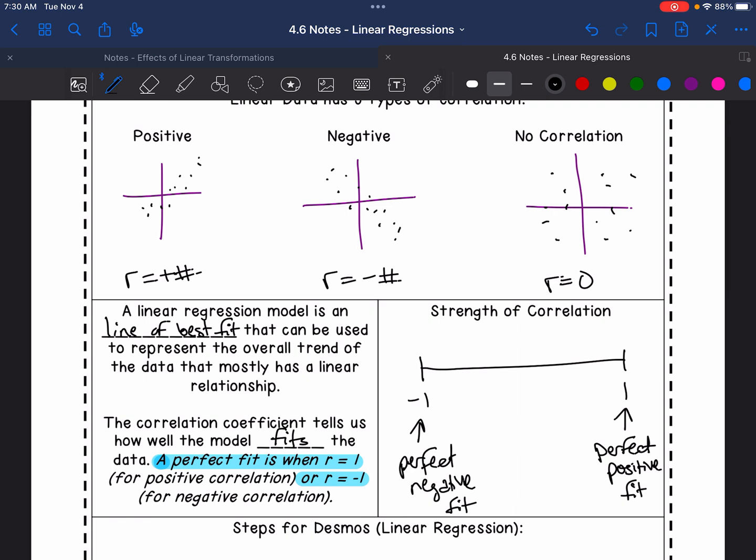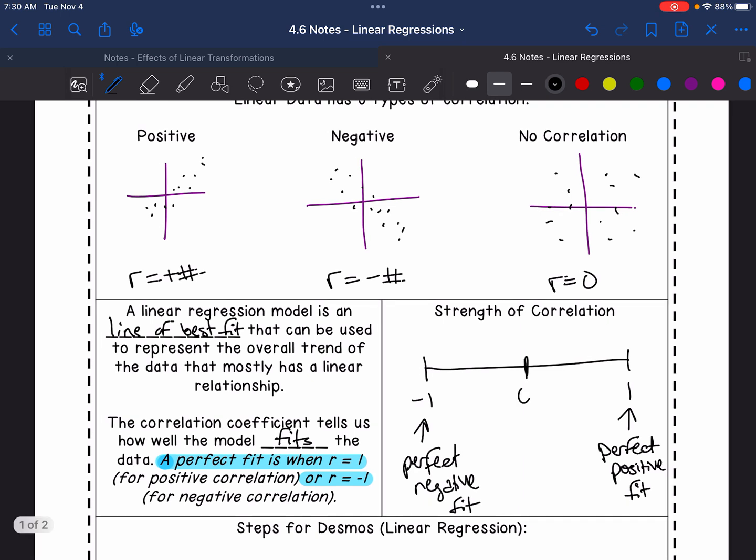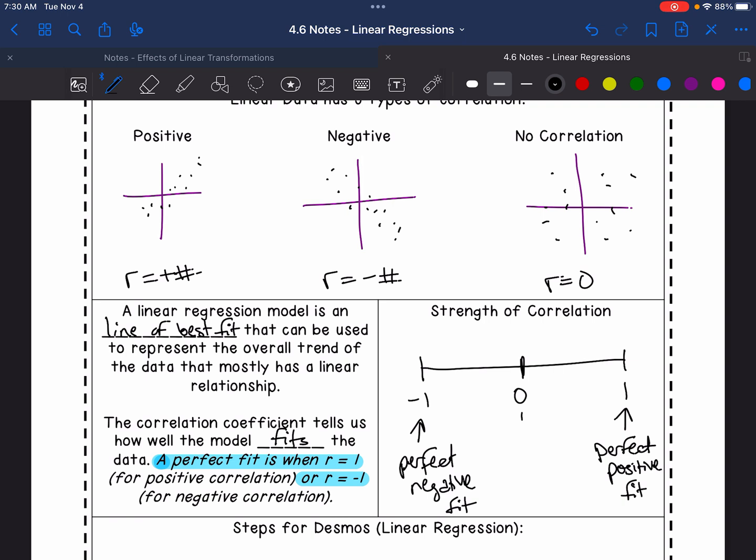Now, if I have 0, like I said earlier, this is no correlation. This means that my dots were all over the place. I couldn't find a line to represent what my data was doing. And then anything in between there varies in strength from weak to strong.